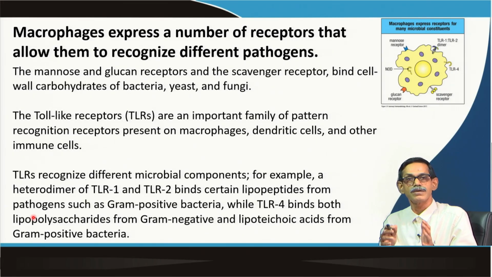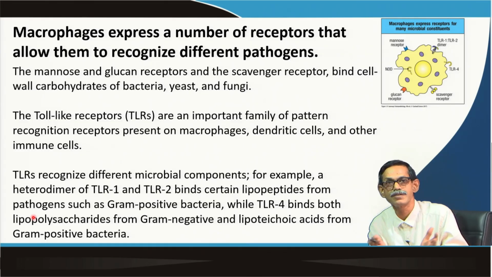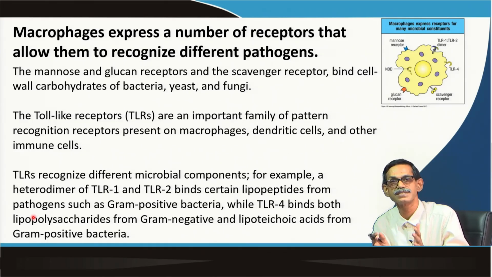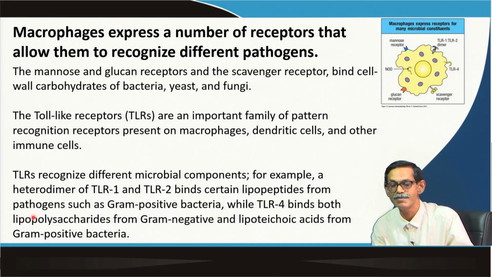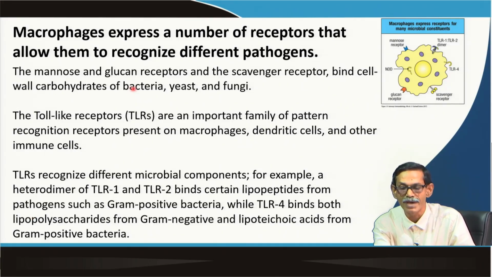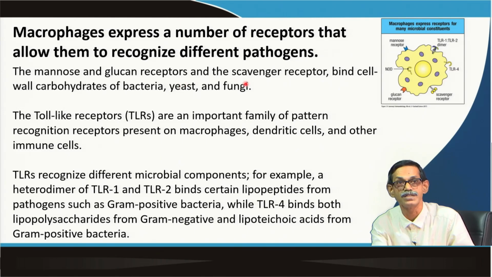I already told you that every cell of our body has different kinds of receptors, so macrophages and dendritic cells have this kind of receptor to recognize foreign or infectious pathogens. What are these receptors doing? The mannose and glucan receptors and the scavenger receptors bind cell wall carbohydrates of bacteria, yeast and fungi.